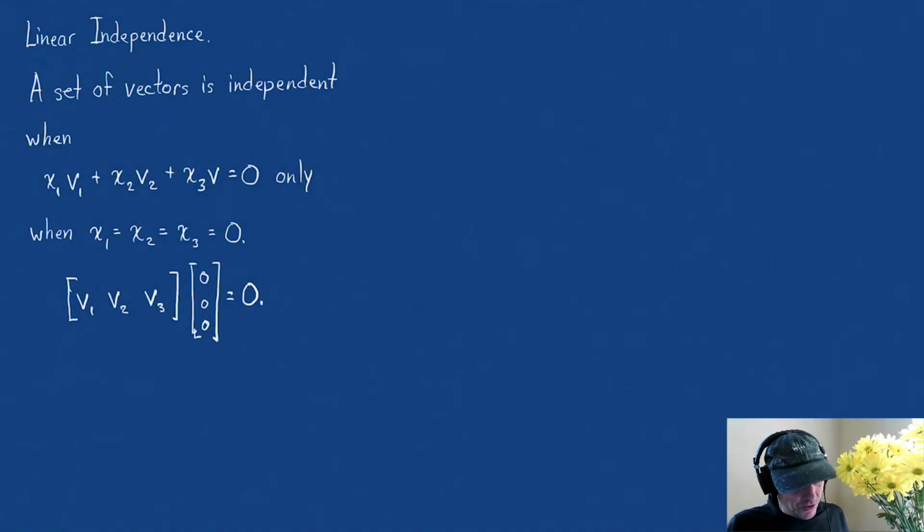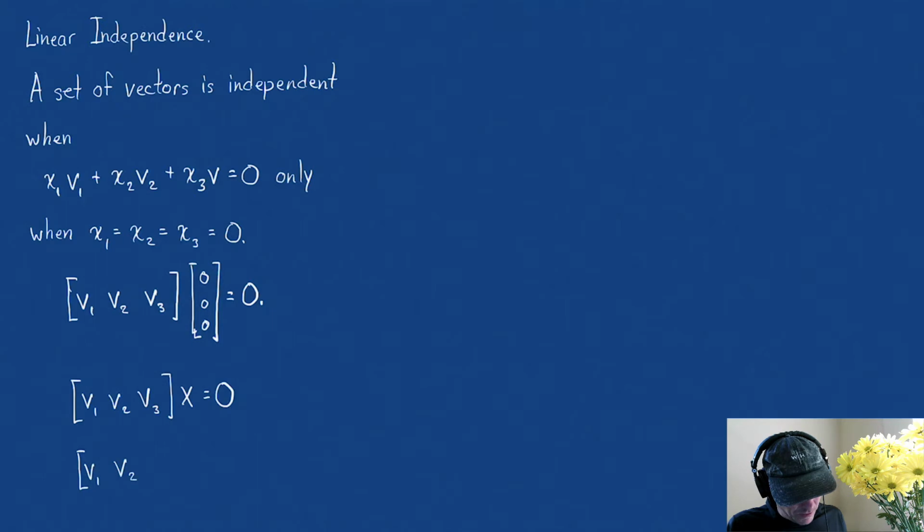If I'm going to solve this, let's go back and let's solve this problem. So if I have v1, v2, v3 times my vector x equals 0, let's write this as the augmented matrix for a moment. v1, v2, v3, and we'll put this as the 0 vector. We might have to put some zeros in it.